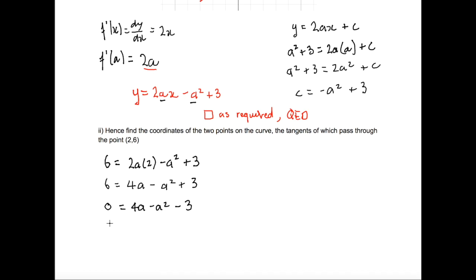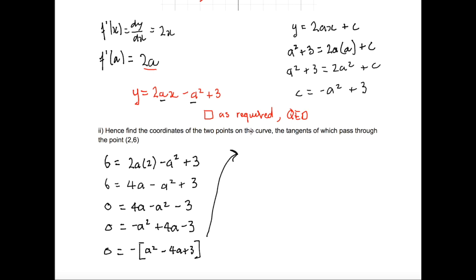Okay, now, just because I like it in the usual form. Now you'll notice we have a quadratic in a, so we're going to solve that. And whenever I do this, I like to make sure the coefficient of the squared term is 1, a squared. If we've taken negative out there, that's a squared minus 4a plus 3.